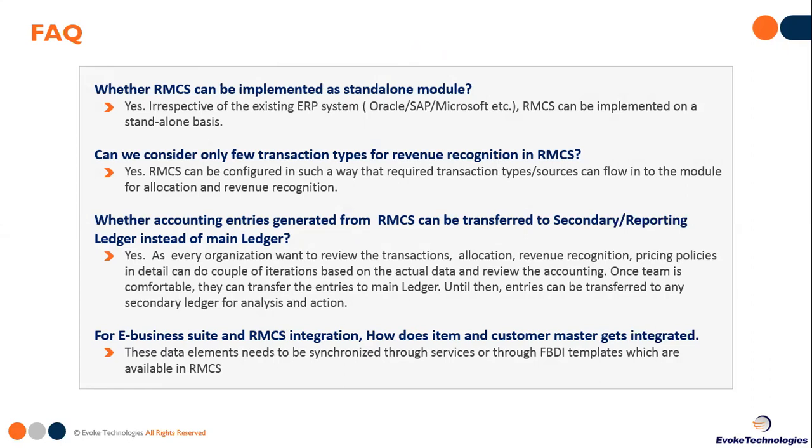There are two options available. One is FBDI templates. We can use the FBDI templates provided by the system to upload the item master and the customer master so that these two data elements are in sync between the source and the destination system. Apart from this, we can also have web services in place so that the item master and customer master can be in sync automatically.